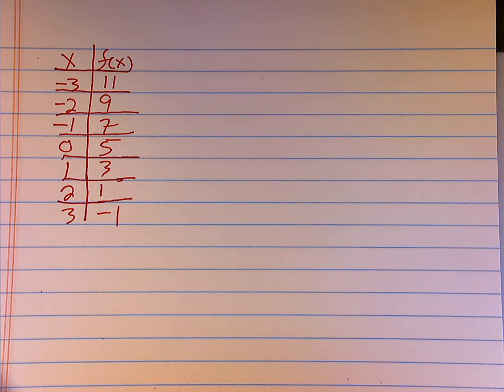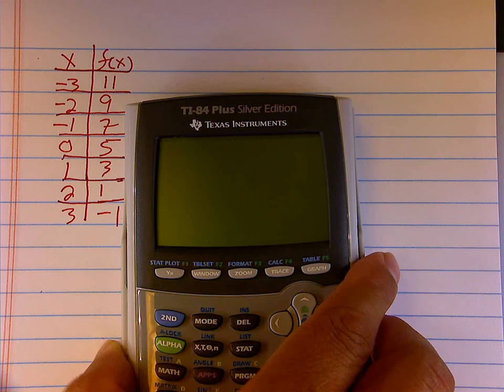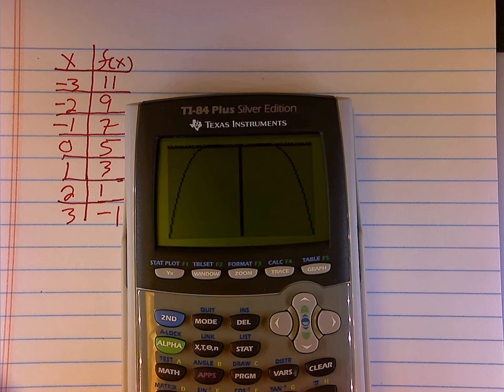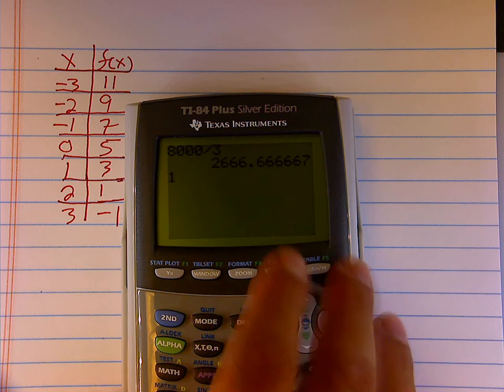We're now going to attempt modeling data with a polynomial function. First thing I'd like to do is get a visual of this data before I decide what I want to model it with. So, starting with our graphing calculator, we're going to enter the data.